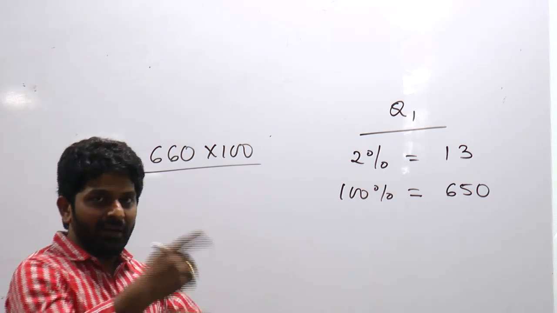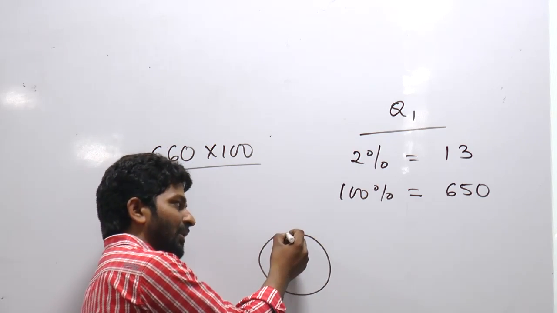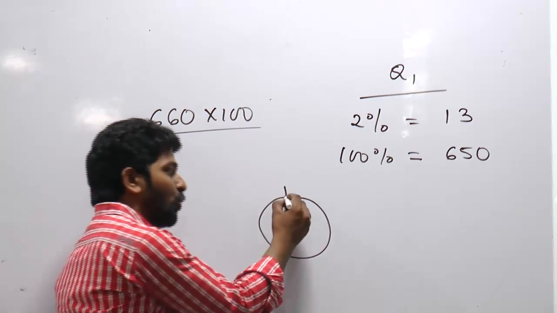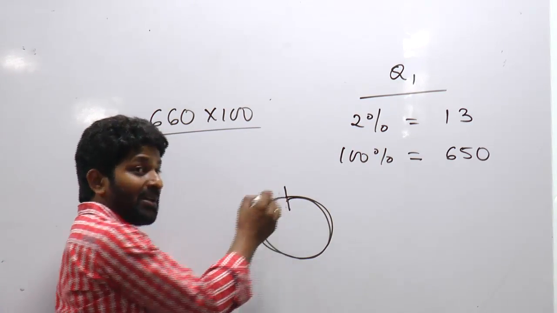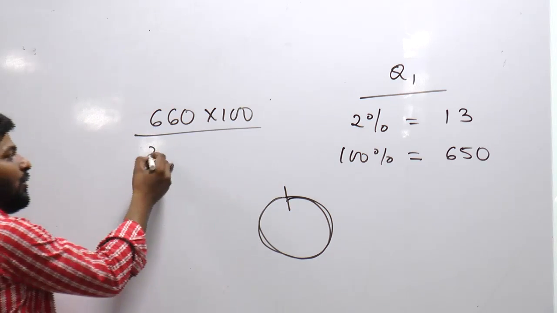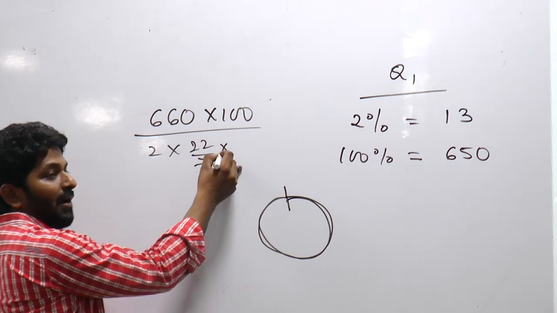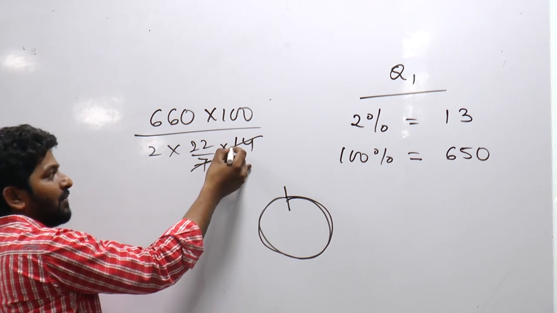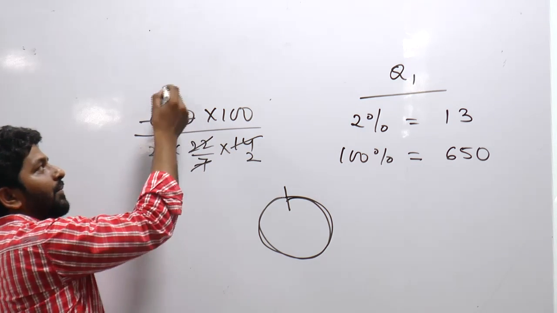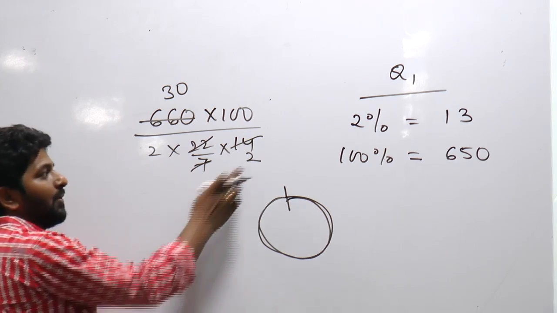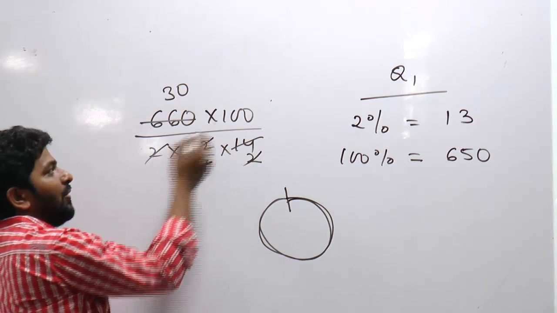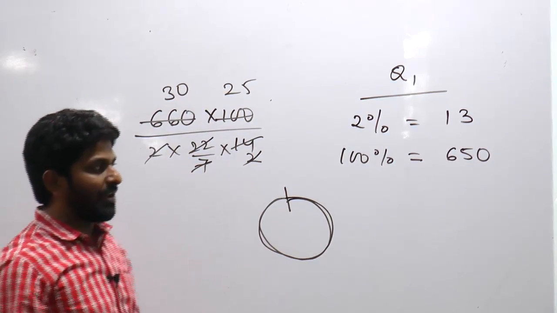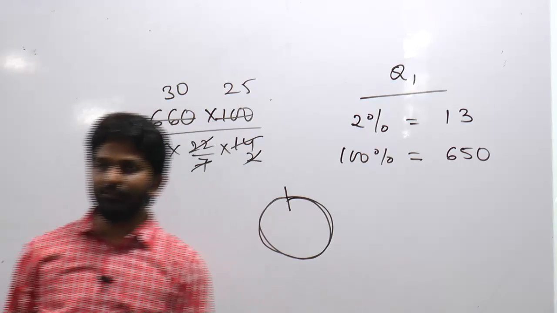Now, for one revolution, if you want to calculate the distance covered by the wheel after one revolution, you need to measure the perimeter. 2 pi r. 2 pi radius, 7 2 times 22... Quantity 2 is more than quantity 1.